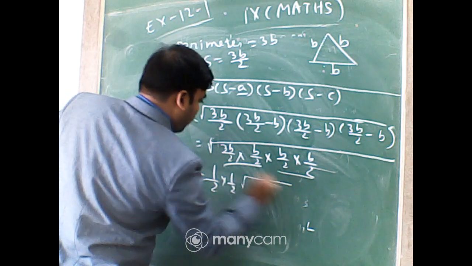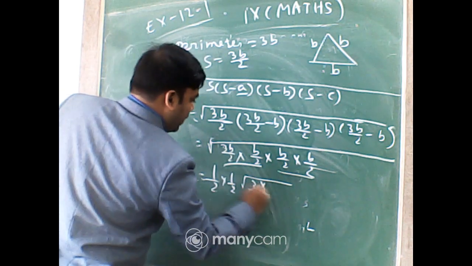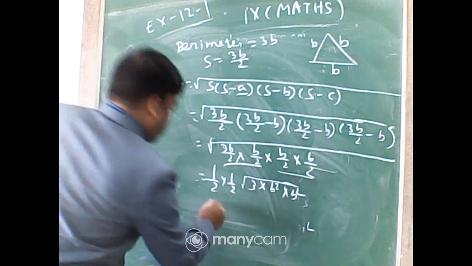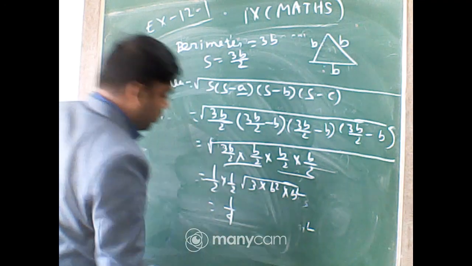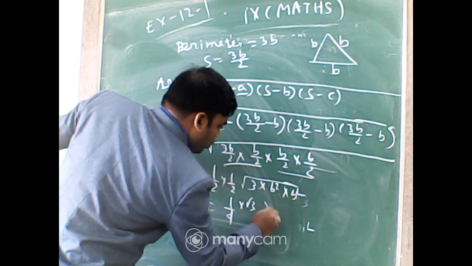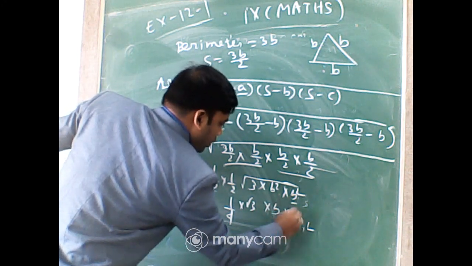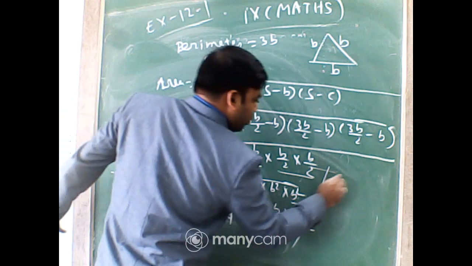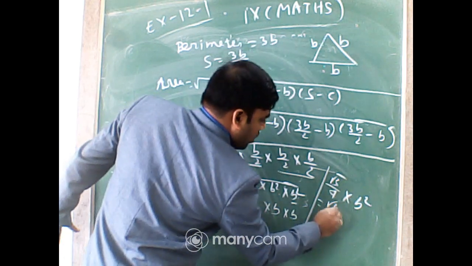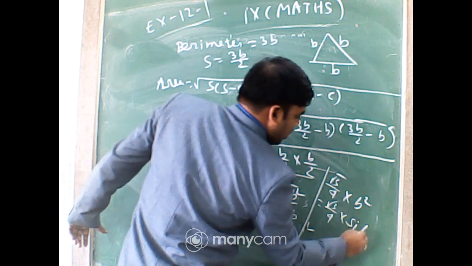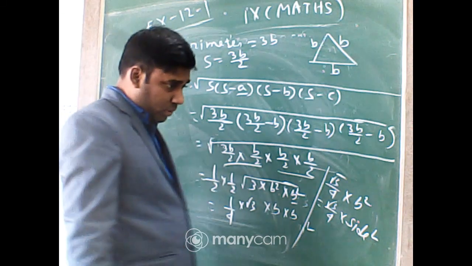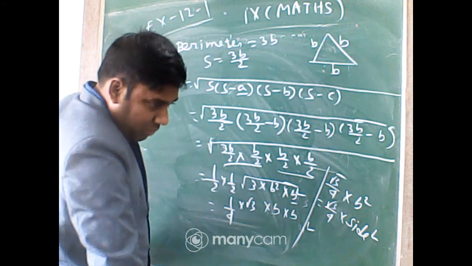And root of only 3 is there, and b into b, b square into b square. So 1 by 4, I hope you can watch the board. 1 by 4, root 3 is there, and b comes out from the root, and this b. So the formula is root 3 by 4 into b square. So root 3 by 4 into side square. Okay? Got it, everyone? Got the proof, everyone?